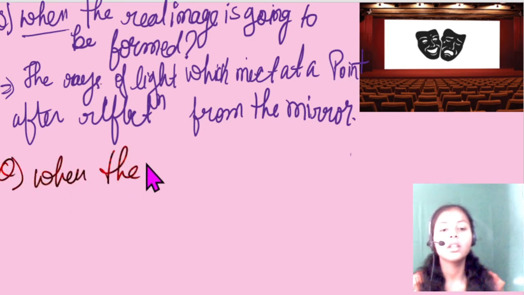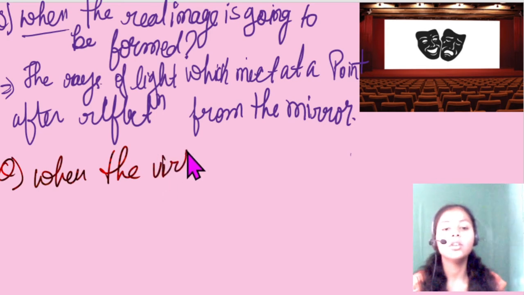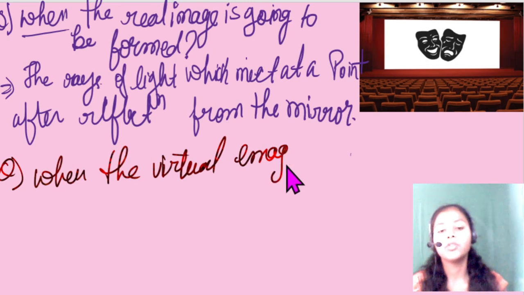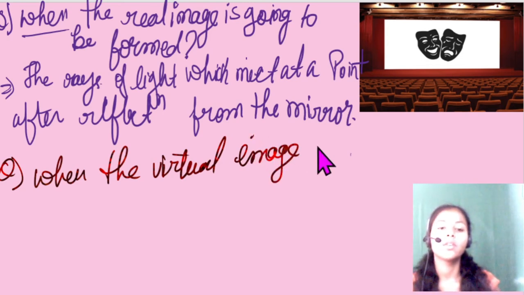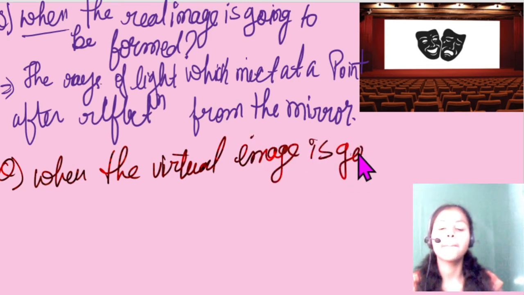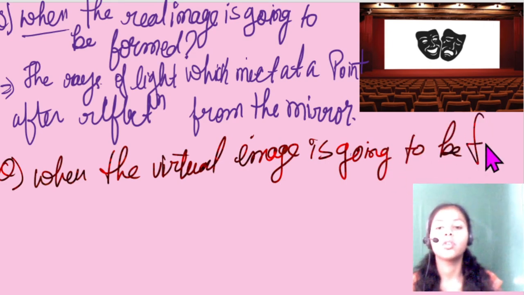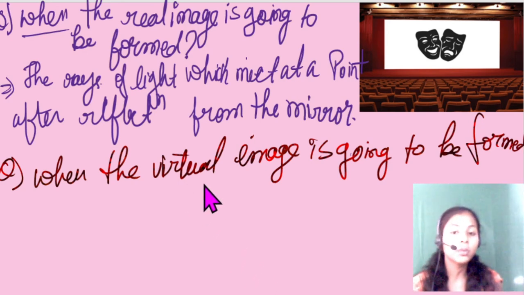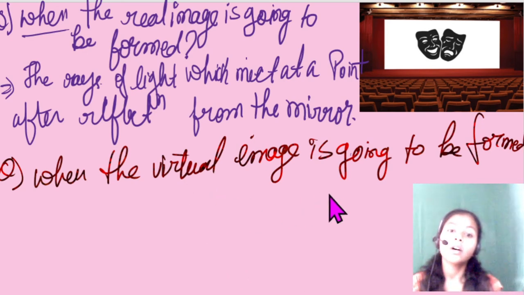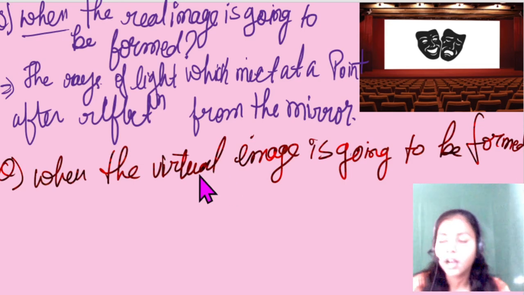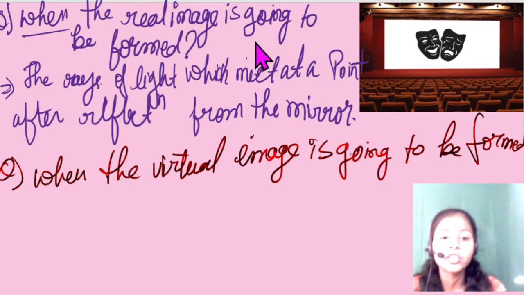When the virtual image is going to be formed, how can we tell that the image formed here is virtual? This is just the opposite of the previous question.